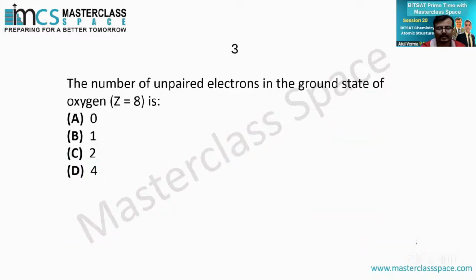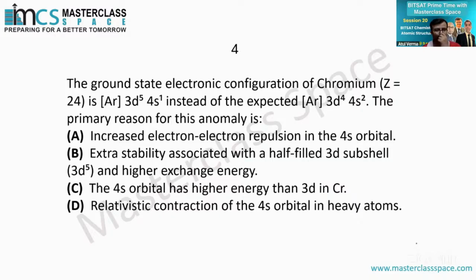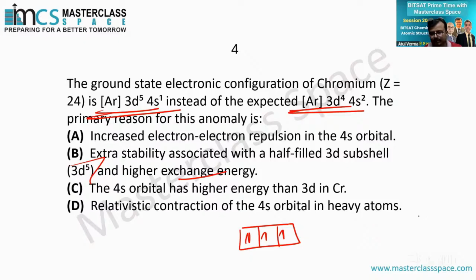Okay. Let's move. The ground state electronic configuration of chromium, my friends, is 3d5 4s1 instead of this. So we see a kind of exception here, right? This anomaly, what is the reason? So of course, I think you are very well aware by now that if it is something like this in the p subshell, or something like this in the d subshell, which cases am I taking, friends?